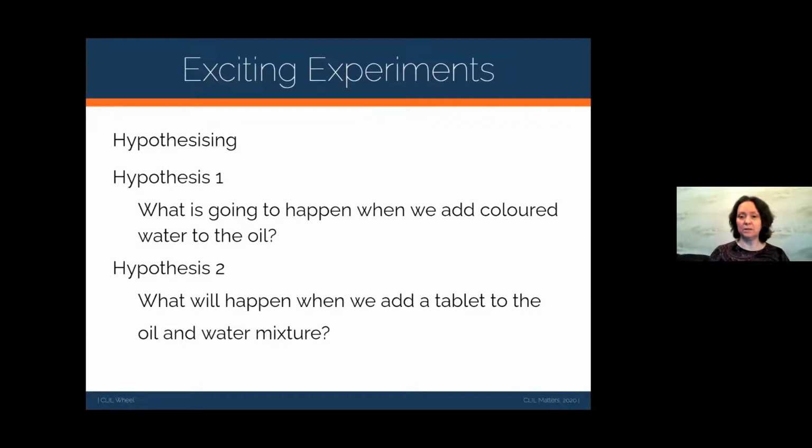I want my students to tell me what they think is going to happen. So I've got the first hypothesis written here. What is going to happen when we add colored water to the oil? And the second, what will happen when we add a tablet to the oil and water mixture?